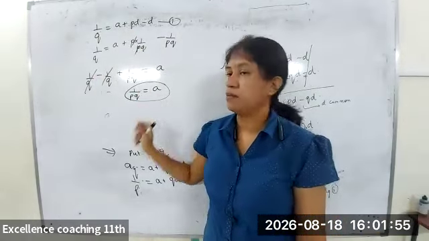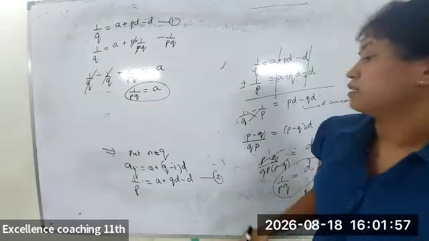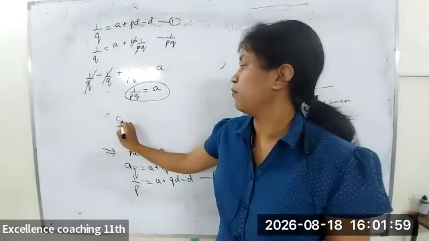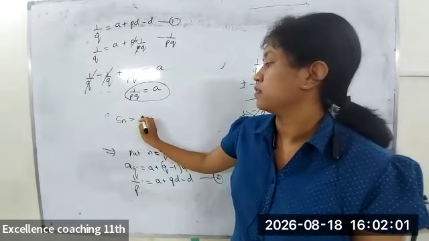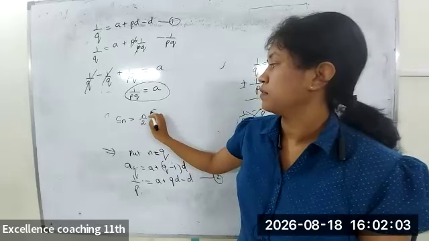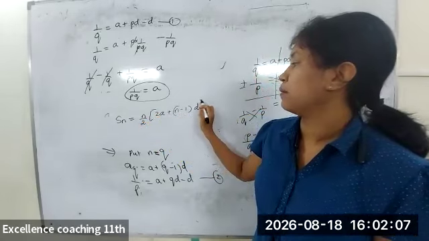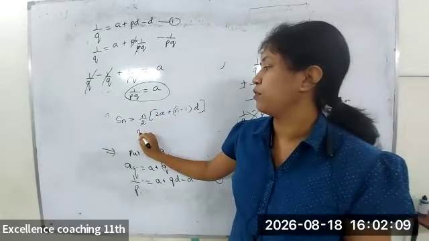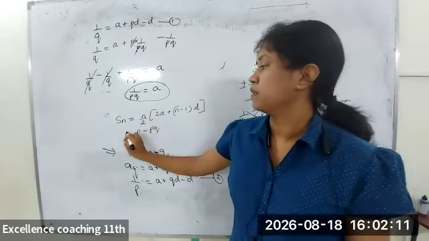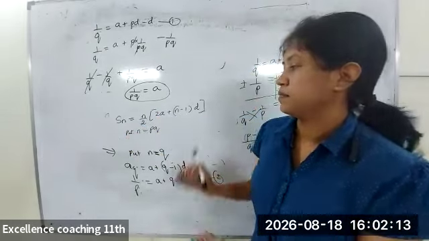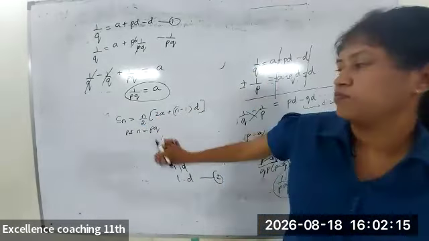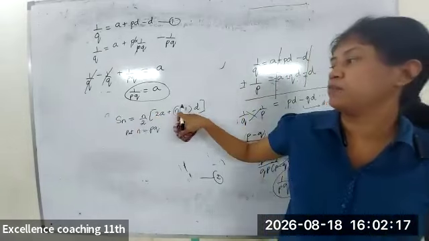And now what do you need to find? Write the sum formula. But we don't want the sum of n terms. We want the sum of pq terms. Wherever there is n, put pq.